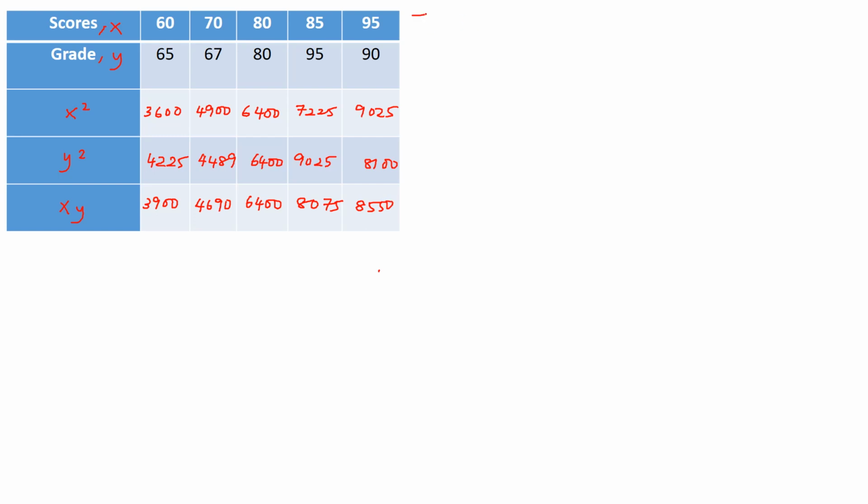Now you have to find the summation for all the values. The first row is the sum of x, which is 390, and the second row is the sum of y, 397. The third row is the sum of x squared, which is 31150.